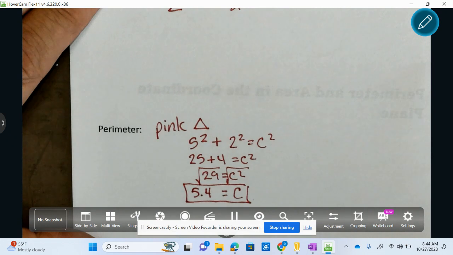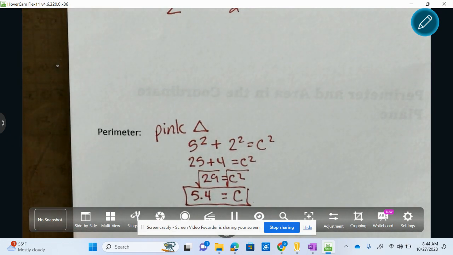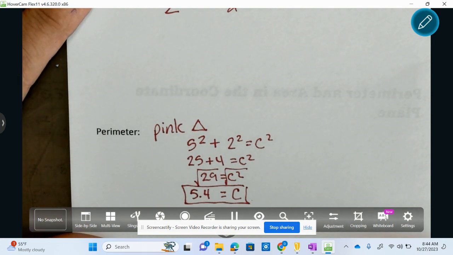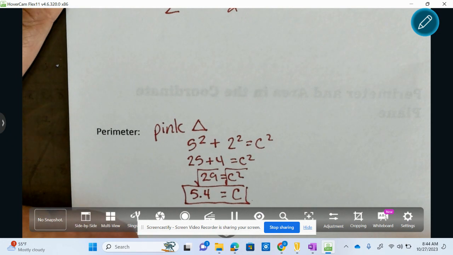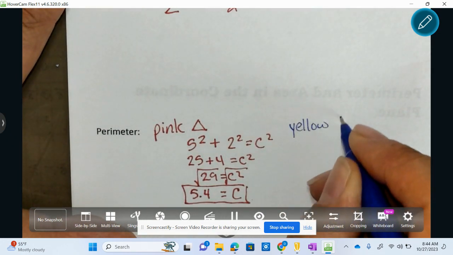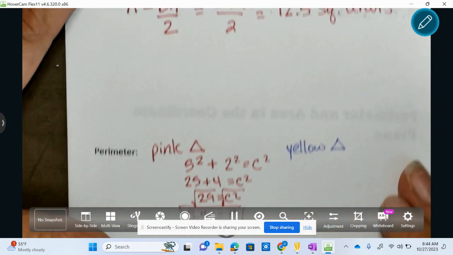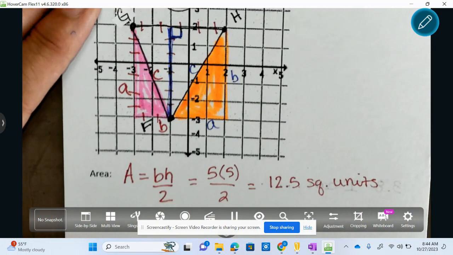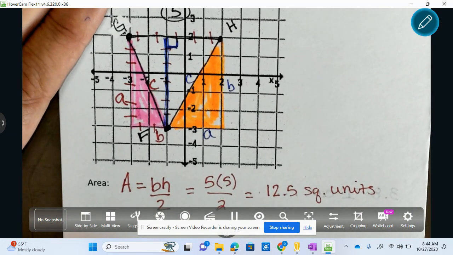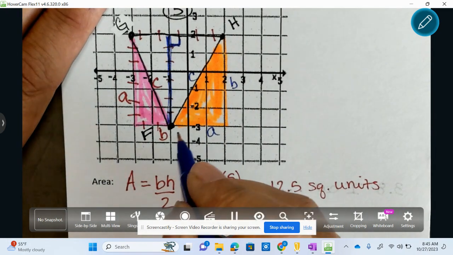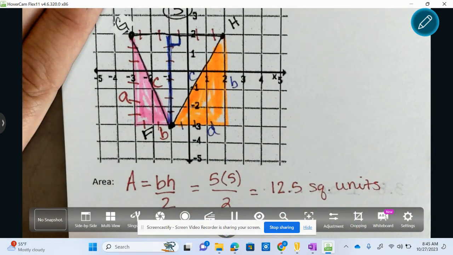Now I'm going to find the measure of C, the leg, for that orange triangle, or yellow triangle, that I made up there. It really looks orange on the camera, but I used a yellow highlighter. That's so weird. So let's figure out the measure of A: 1, 2, 3.